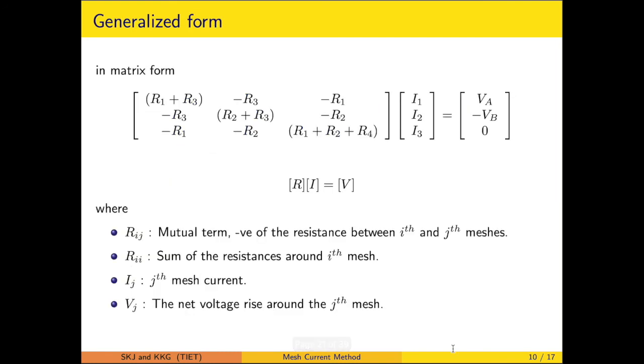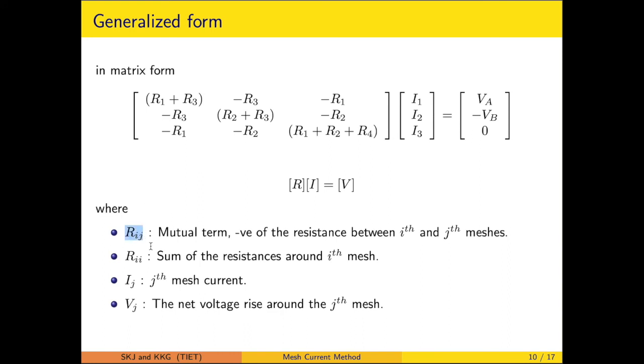As the matrix is a two-dimensional arrangement, one subscript corresponds to the row and the other to the column. On that basis we will define the individual elements.